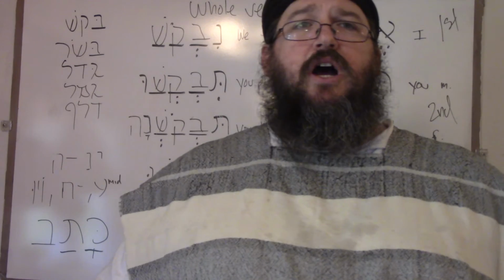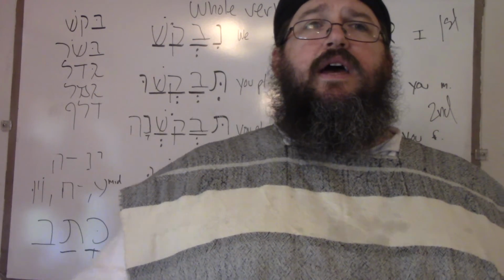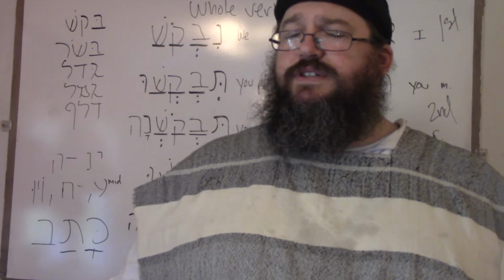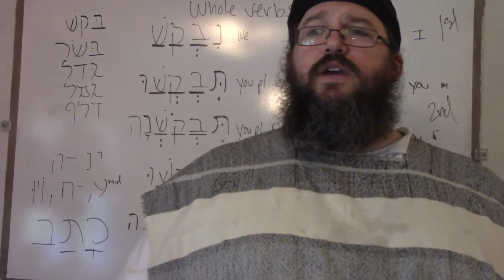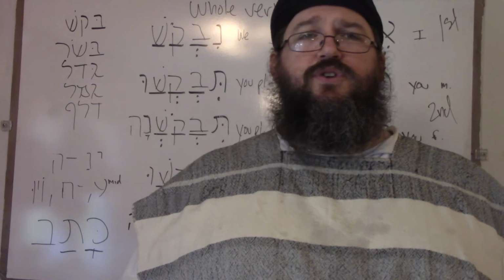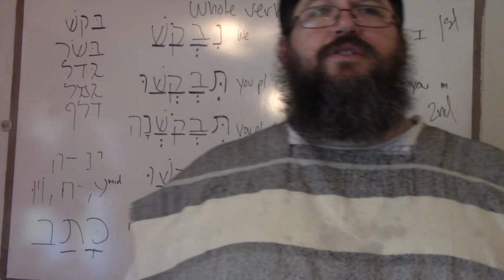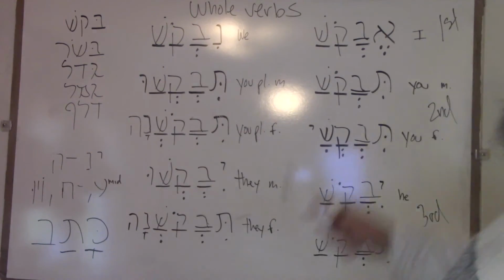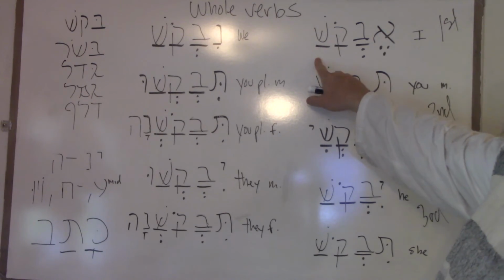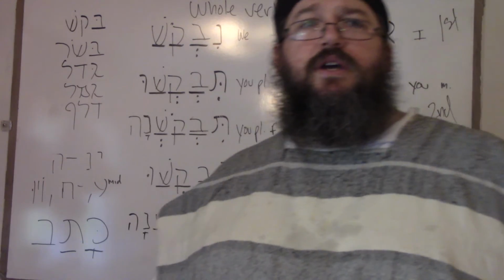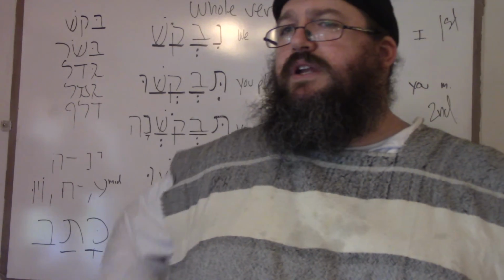When I flip the card over, I'm going to ask myself, how do you say I will seek in the future? And how do you say we will seek in the future? You will have to remind yourself that the way to say I will seek is evkosh. How do you say you will seek? Tivkosh.